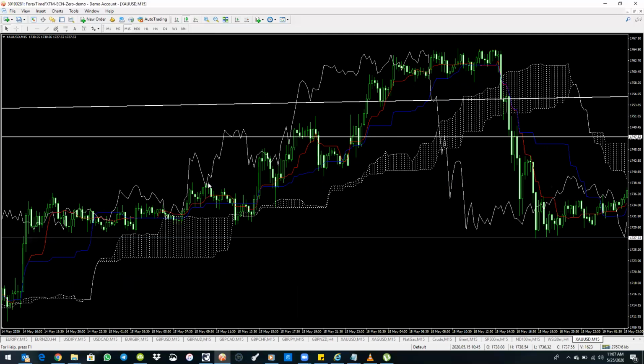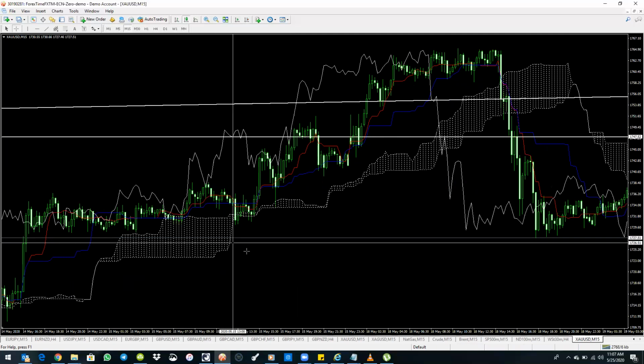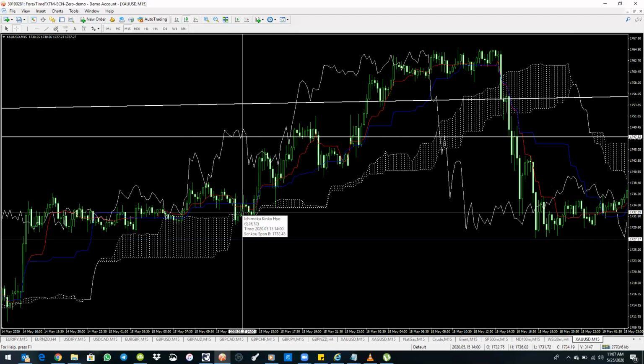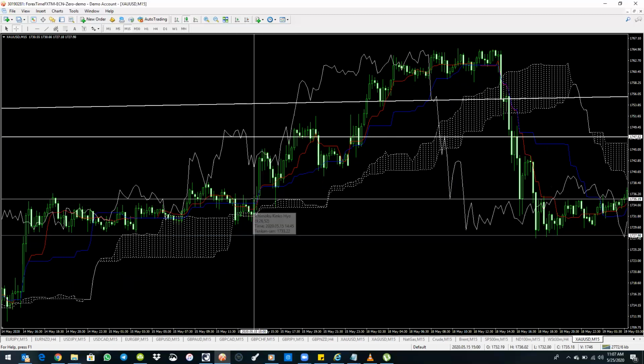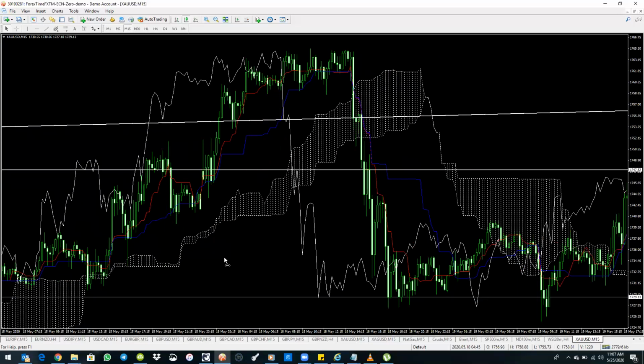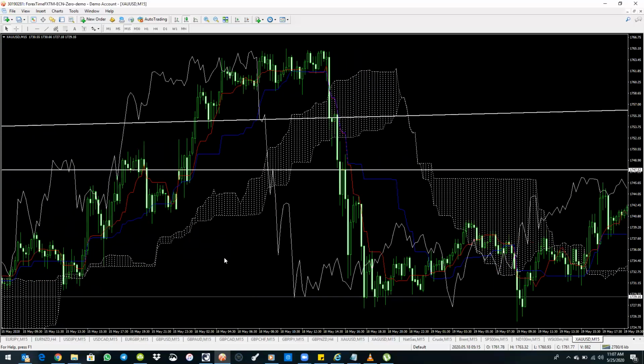In this case, it was about 50 pips. Later that day, the market found support off the cloud again, and that led to about a 150, 160 pip move.